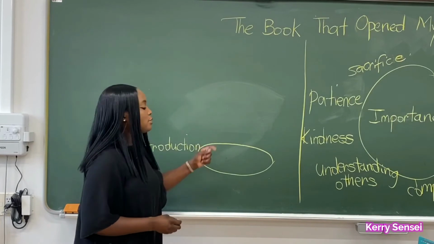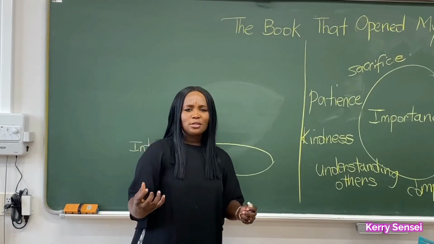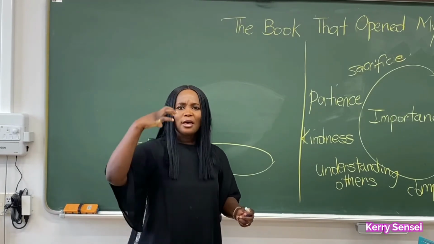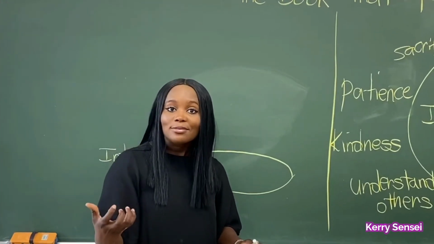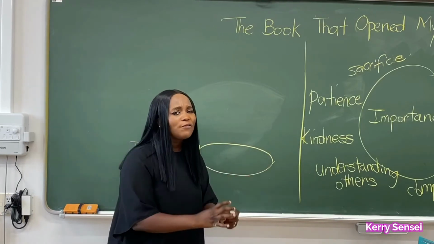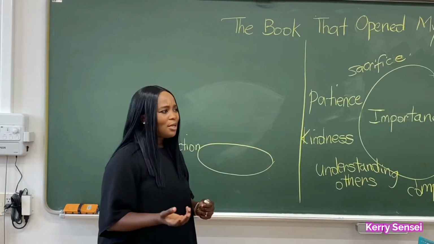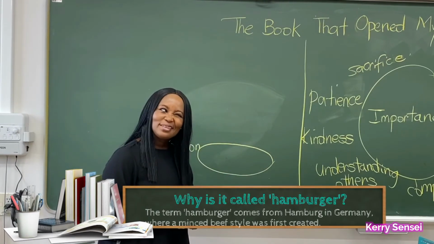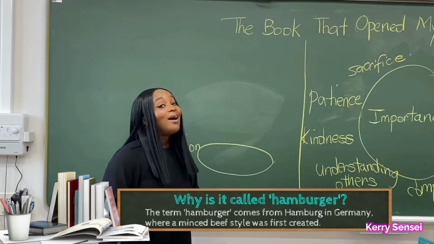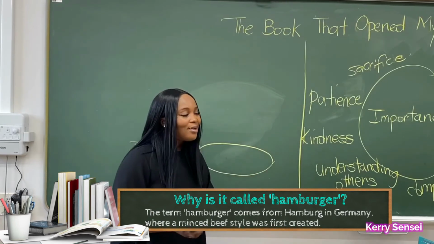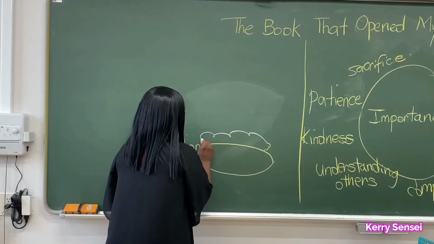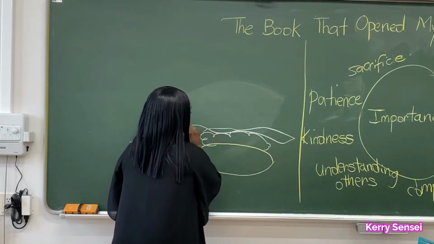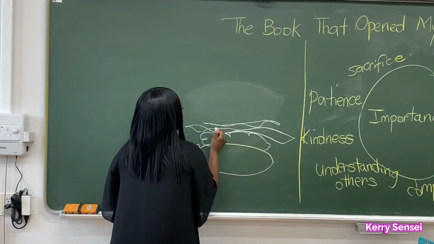Then we need to have the tomatoes, the lettuce, the beef, the cheese, the mayonnaise. All of those parts of the hamburger, is it ham or beef? Did we say hamburger for beef? All of those parts of the burger are what we call the body. This is the beef, the lettuce, the cheese, the tomato.